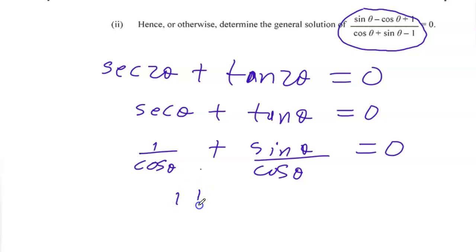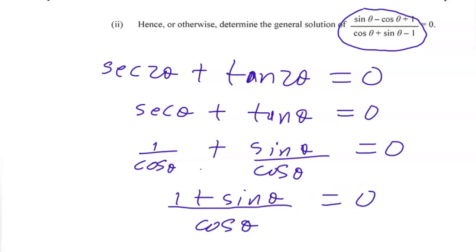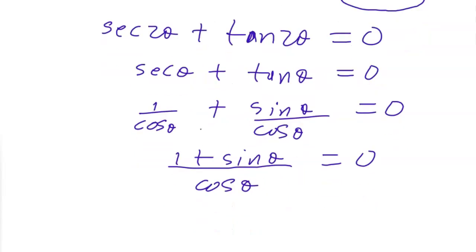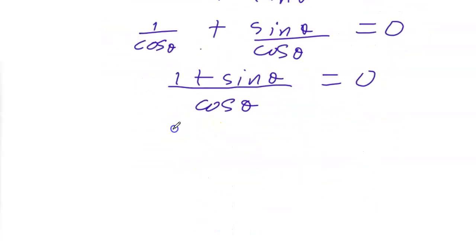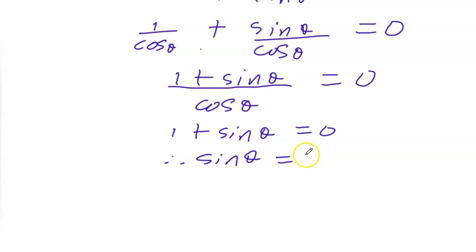So we can put everything over 1, denominator. 1 plus sine theta over cos theta is equal to 0, which means that the numerator would have to be 0. So hence 1 plus sine theta is equal to 0, which means that sine theta is equal to minus 1.